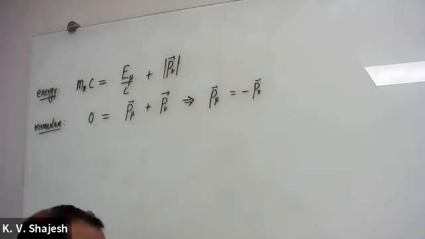Which is not surprising. If you have momentum 0 to begin with and there is an explosion, and if there are only two pieces to the explosion, both of them have to go in two different or opposite directions because momentum has to be conserved. But to analyze this problem, if you're interested in the energy, there is a nice way of doing this.